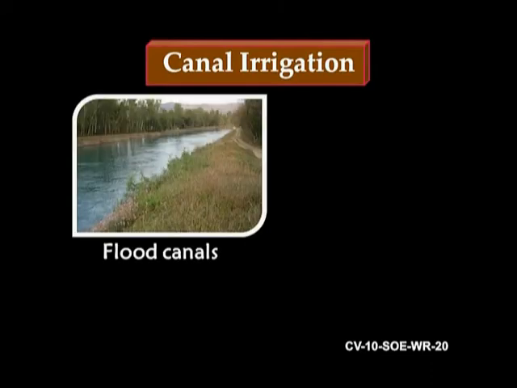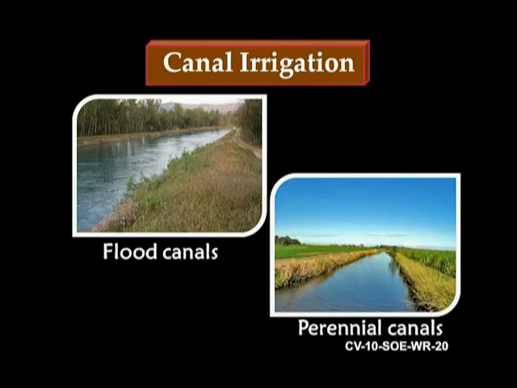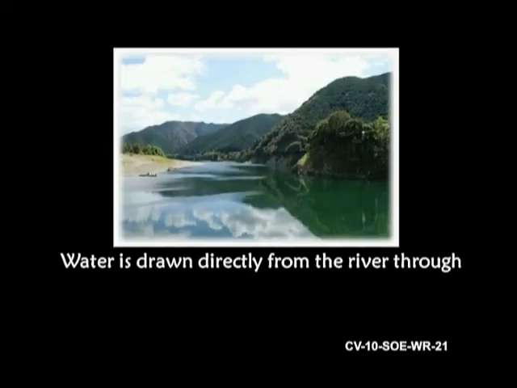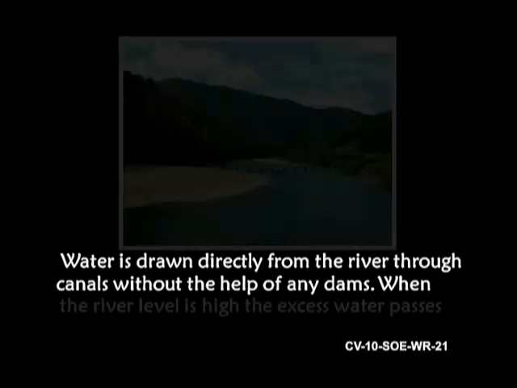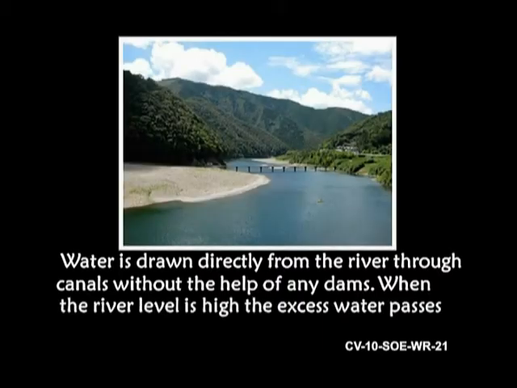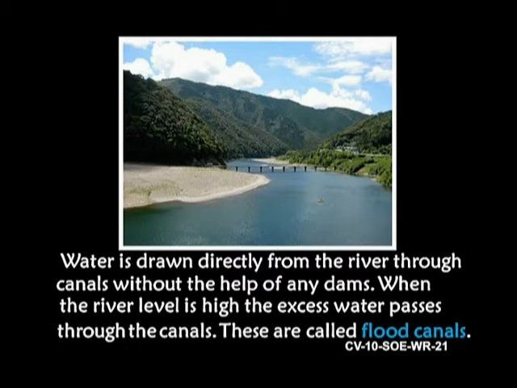Flood canals. Water is drawn directly from the river through canals without the help of any dams. When the river level is high, the excess water passes through the canals. These are called flood canals.